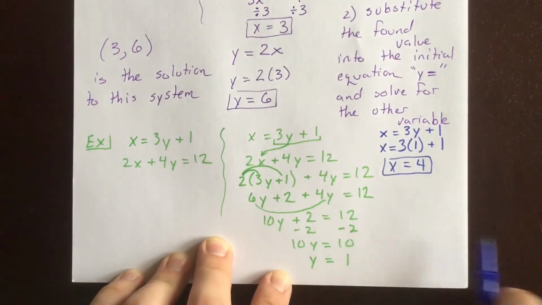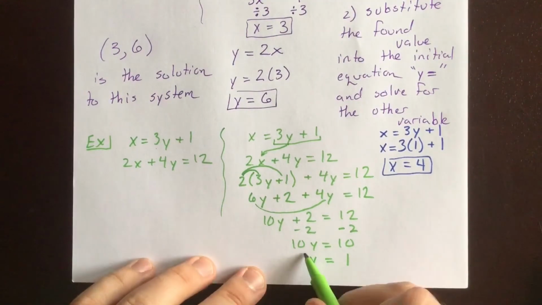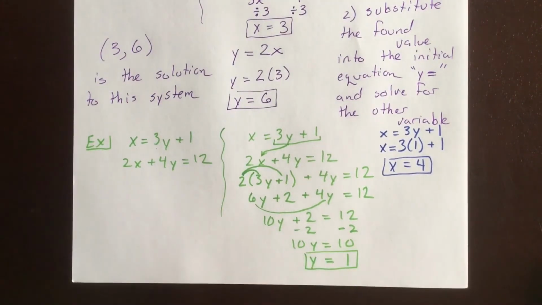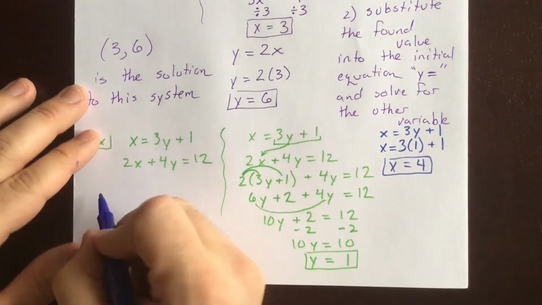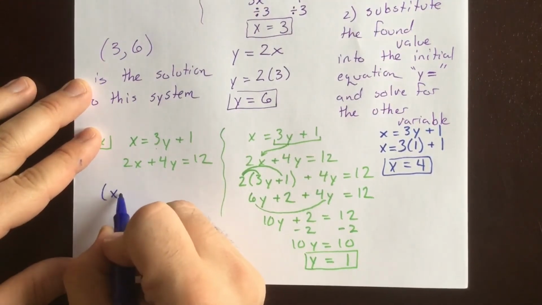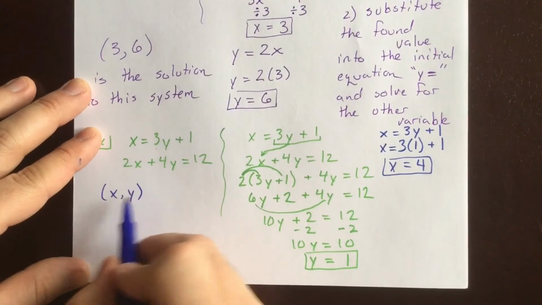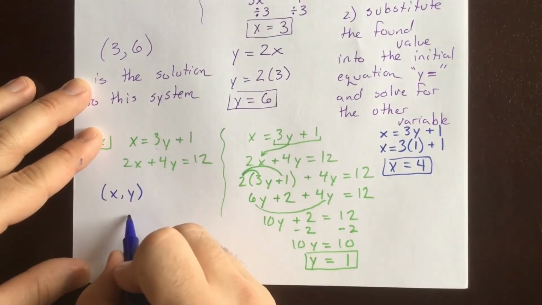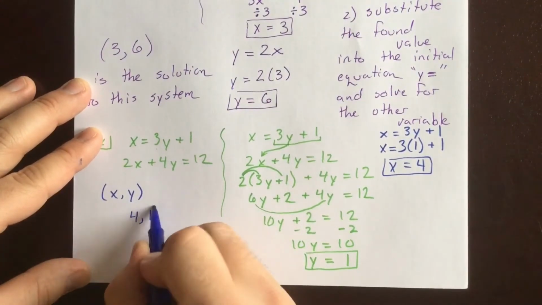So we have our x, we have our y, and we have our solution. The solution to this system is, I don't know why I wrote x and y, our solution is 4, 1.